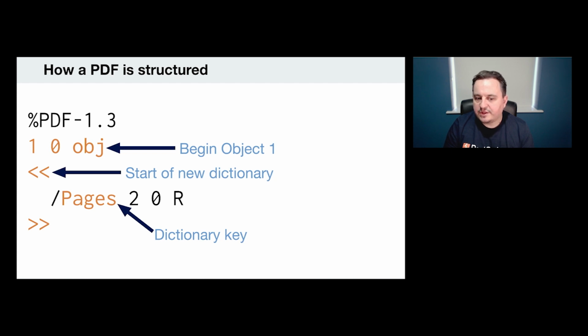And the value of the dictionary key in this instance is 2 0 R. This indicates it's a reference. So it's looking for the second object, revision number 0, somewhere in that document. The Pages dictionary key allows you to define the amount of pages in the document, and in this instance we're using a reference to the second object which will define that information. And that's the end of the dictionary here.